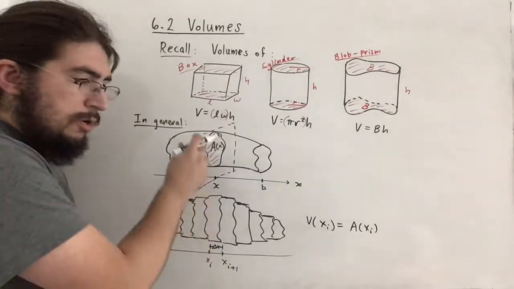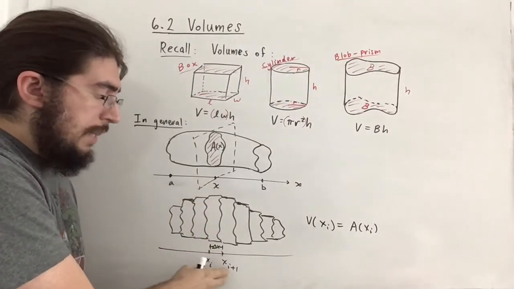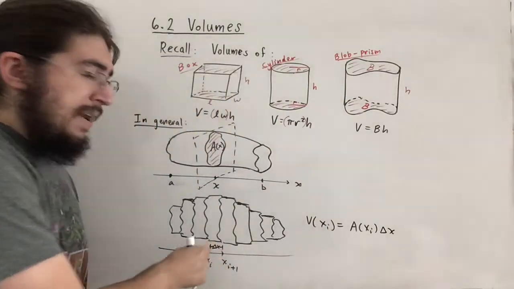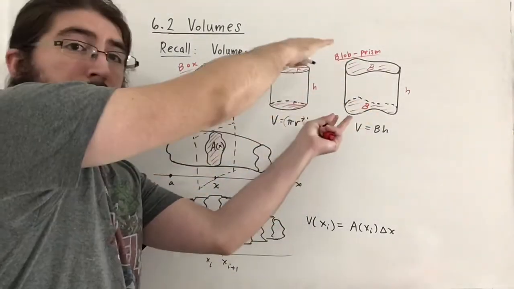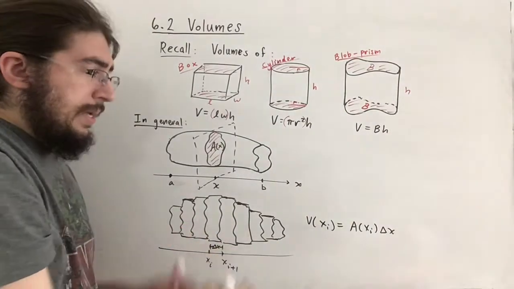Okay, so that's a cross-sectional area. But then since there are straight lines connecting those up to xi plus 1, this is multiplied by delta x, because delta x acts as the height here. So think of this blob prism, but on the side, where the height is delta x. I think that makes sense.